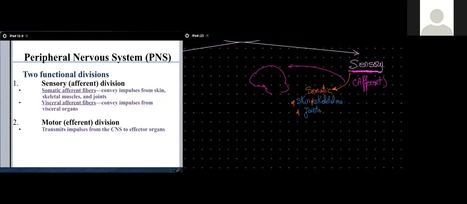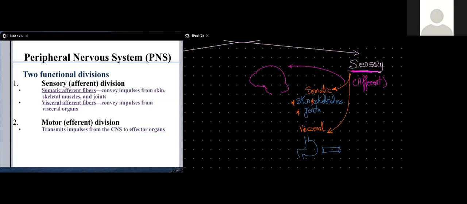It might be visceral afferent, visceral sensory, if I'm collecting the signals from my visceral organs, from the stomach, for example, from the gastrointestinal tract, from the blood vessels.